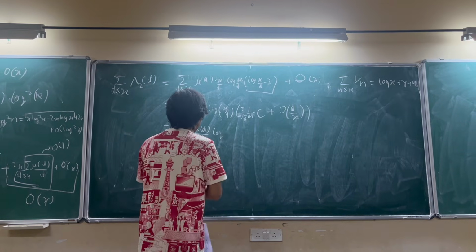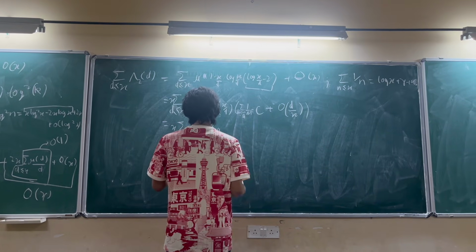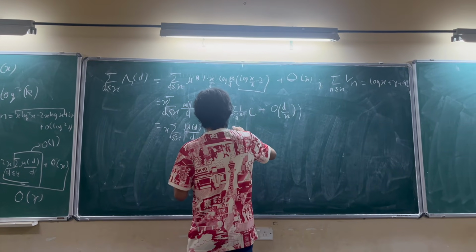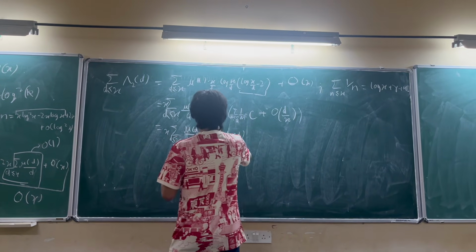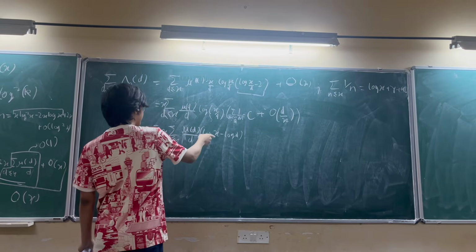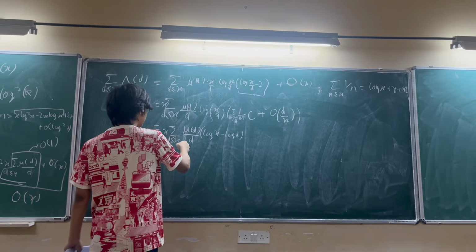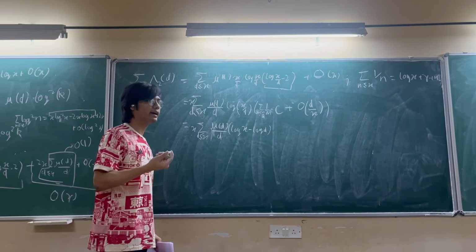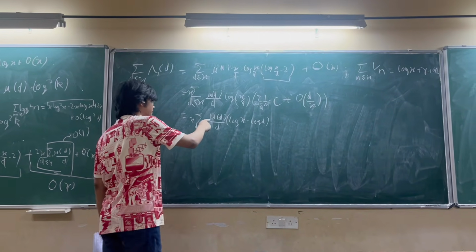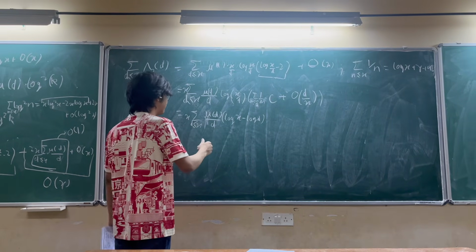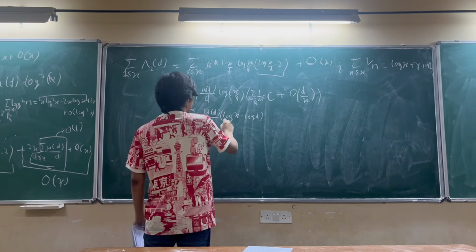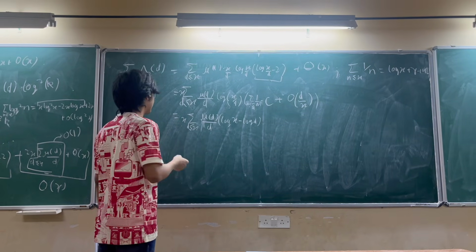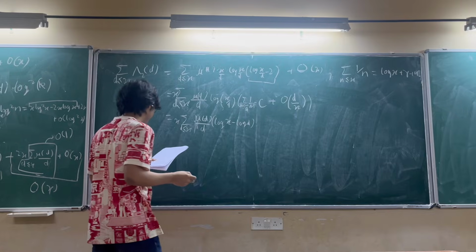But instead of x by d, I'm going to write it as log x minus log d. If I take the log x out, this becomes the summation of mu d by d, and by Watson's theorem I can easily recall that this was of the order of 1. So this first term will give me something of the order x, because I have an x outside it.